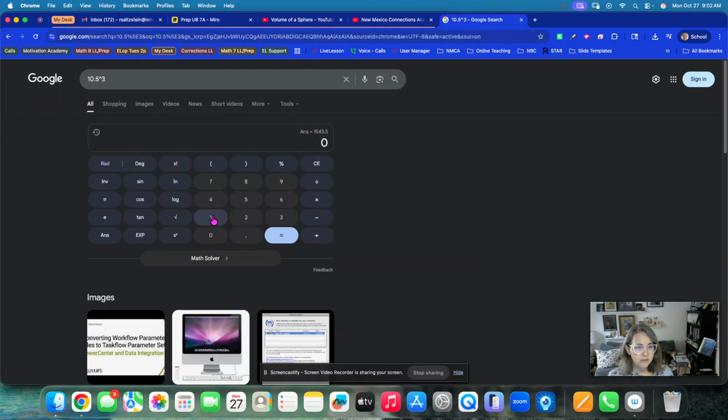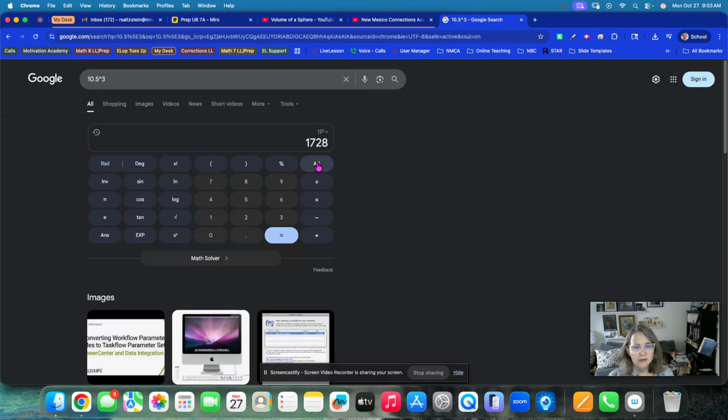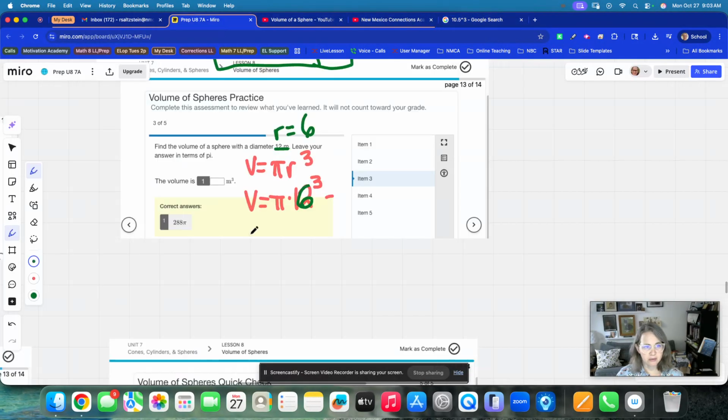So here I'll just do 12 to the third power, and that's not right. Was this the diameter? Oh, that's the diameter. Bad, Miss Saltstein. You guys, if the diameter is 12, that means the radius is 6. So this should have been 6 to the third power. 216. Let's see if that's what I was supposed to get. Nope.